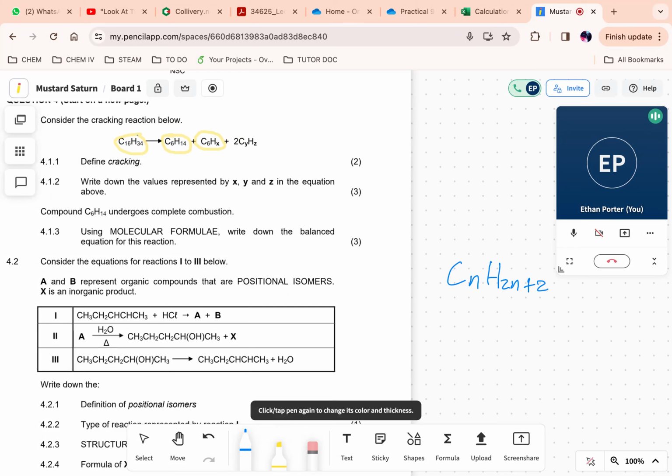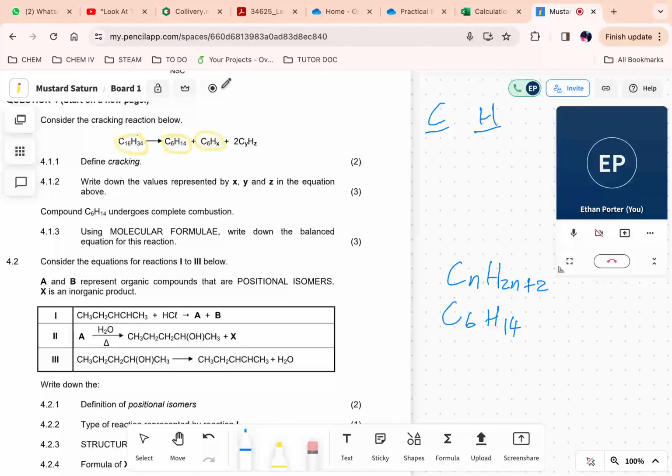If it's C6, then subbing in, we will get H14 as well. Let's just see if this works, and keep a running total of our carbons and hydrogens. We started off with 16 carbons and we've used 12, so we only have 4 carbons left.